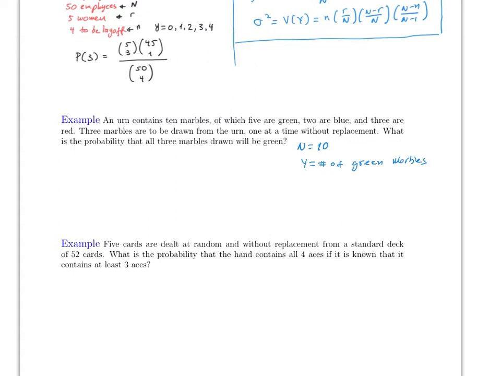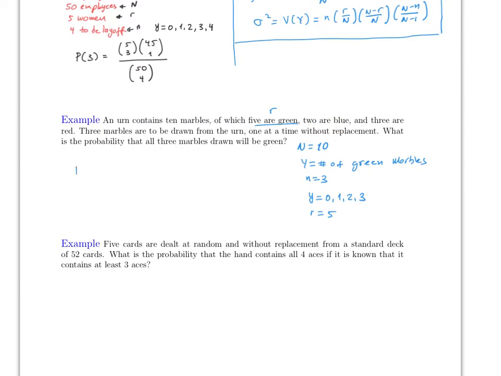And since you are selecting 3, the value for n will be 3. And obviously the values for y will be 0, 1, 2, and 3. And r is equal to 5, because you have 5 green ones. If you were talking about the blue, then that would change the value for r.